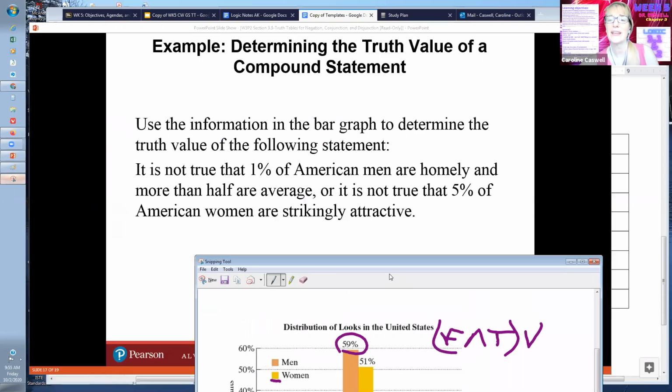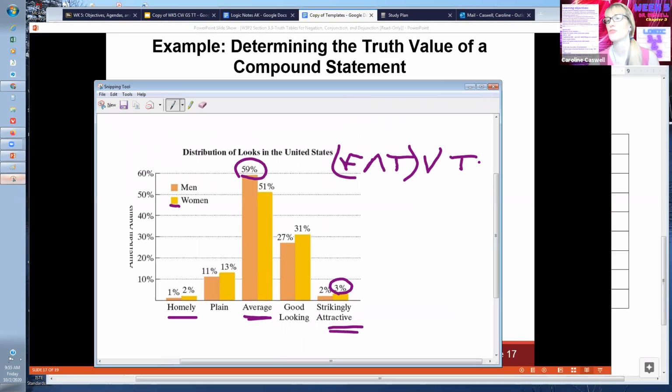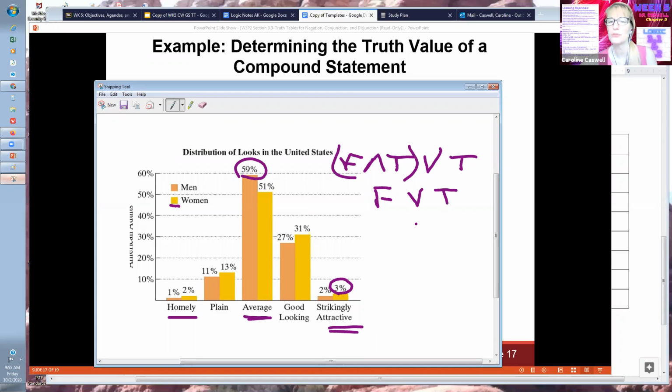And they're saying that it's not true that 5% of women are extremely attractive. That's true, because it's not true that it's 5%. It's only 3%. So what we're saying is false and true is false, because we know the only thing in and that's true is true, true. And then it's or, true, and we end up with a true statement.